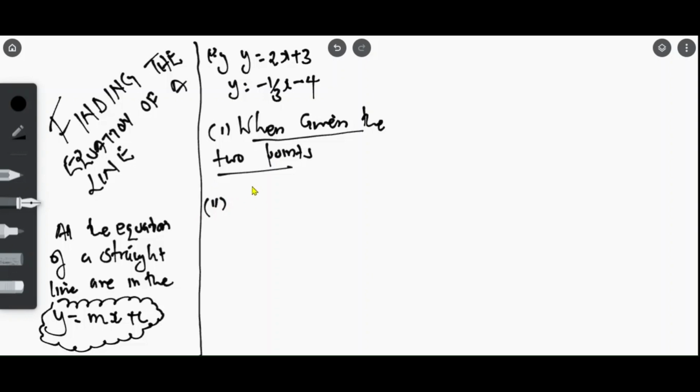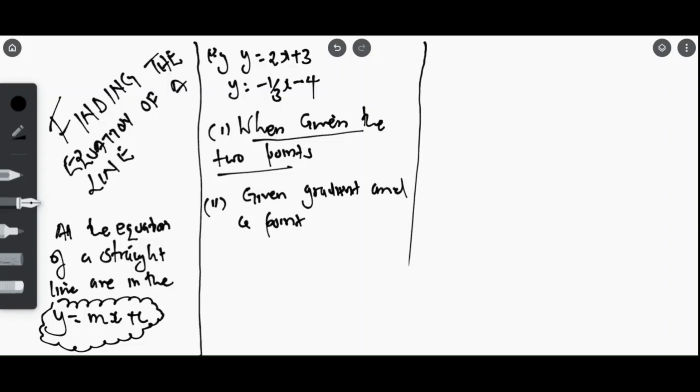Another scenario is you are given a gradient and a point.